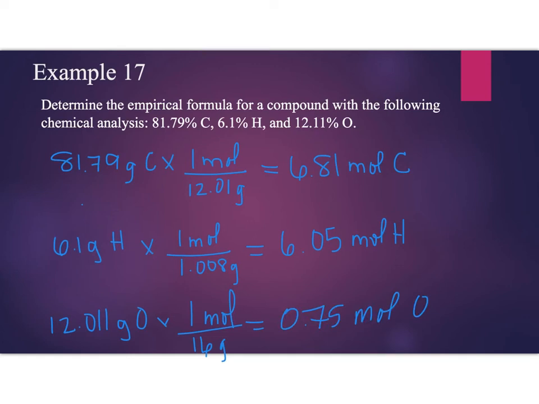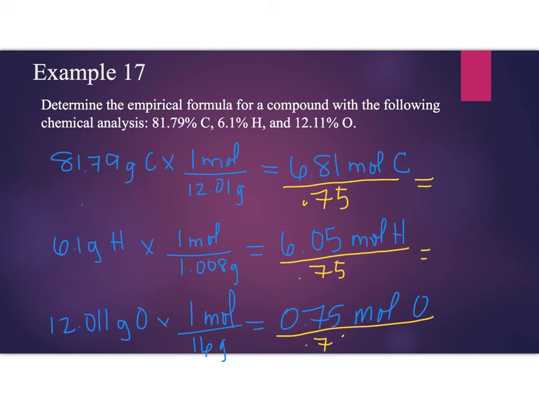0.75 moles of oxygen. So again, I'm going to divide all of these by the smallest number. By looking at my 3 values, I see that 0.75 is the smallest. So if I divide all of these by 0.75, I know that this is going to give me 1 mole of oxygen.